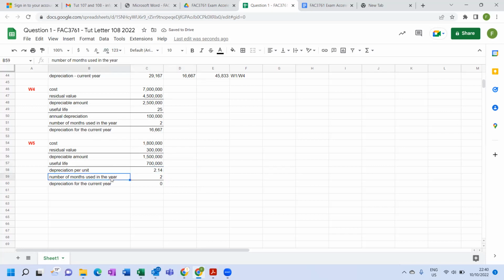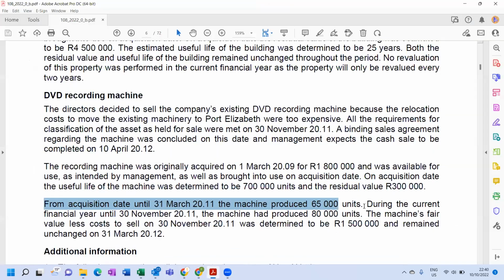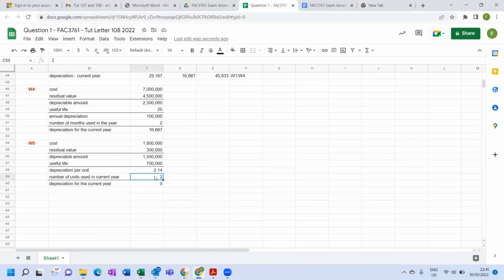Now we're going to say number of units used in current year. Have a look: during the current financial year, until 30th November, the machine had produced 80,000 units.